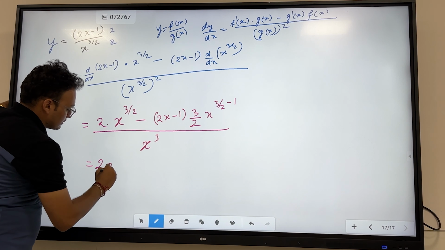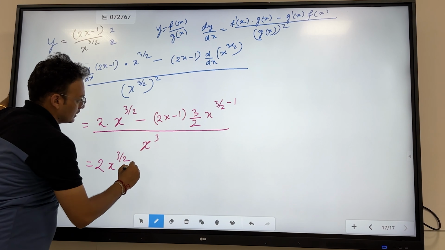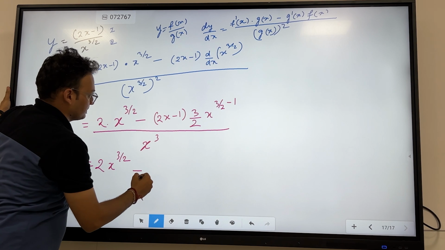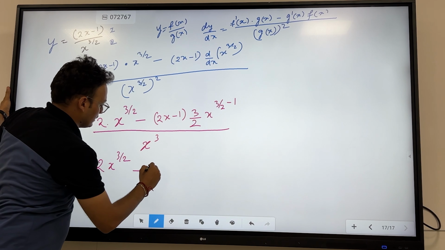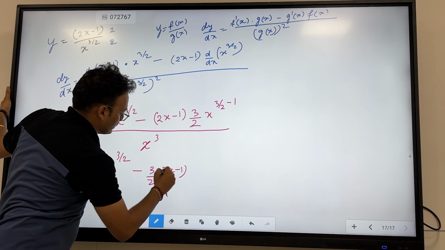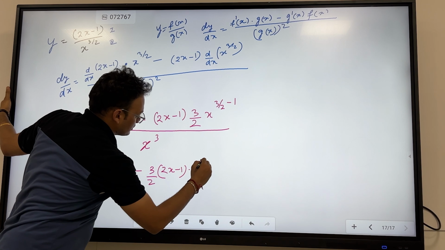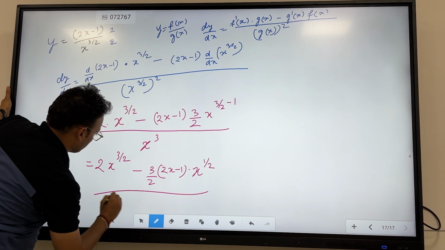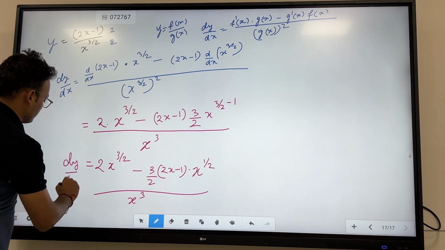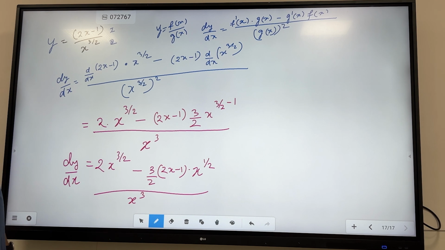So can I say this is 3 by 2 minus 1, that will be 1 by 2, right? So can I say 3 by 2 times (2x minus 1) times x raised to the power 1 by 2 divided by x cubed. So this is the example of the question.